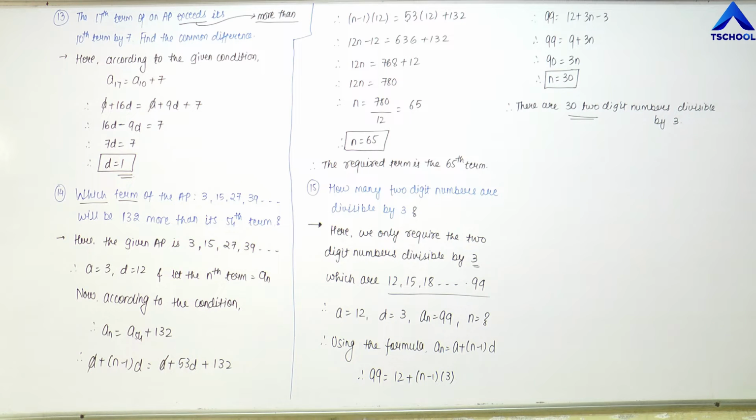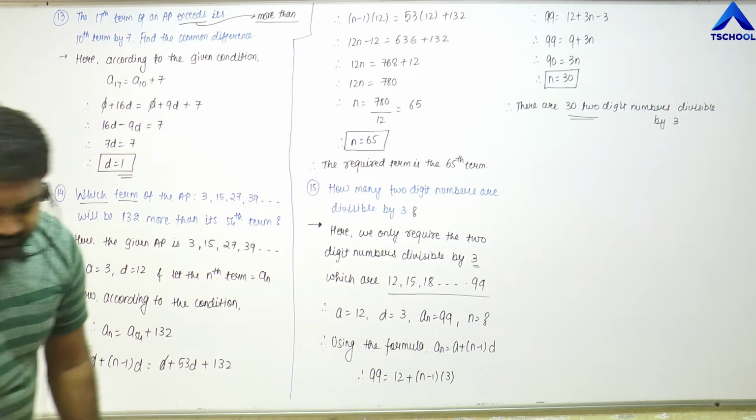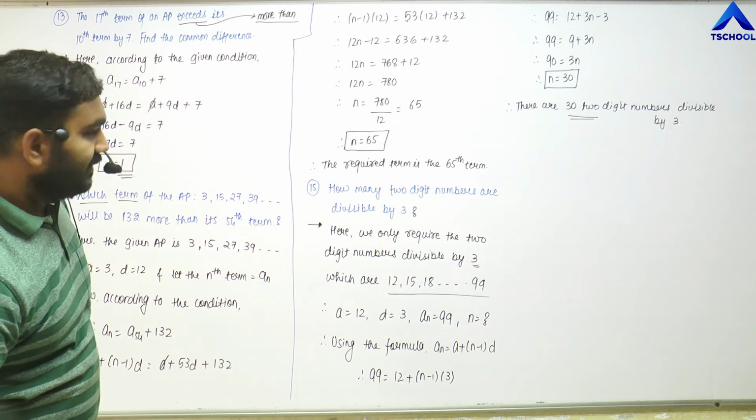One of the same kind I have here with me is: how many three-digit numbers are divisible by 7. So I need to erase this.